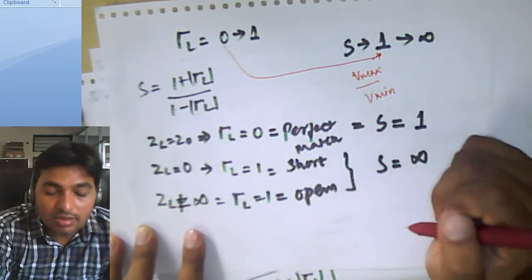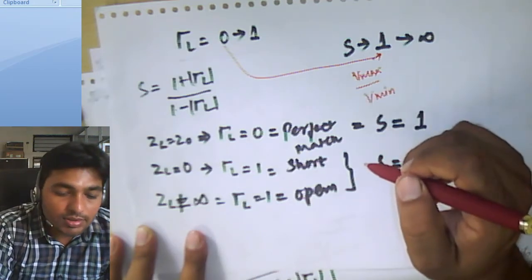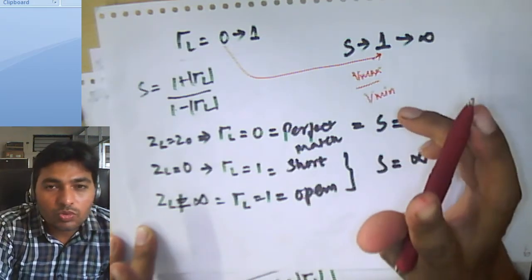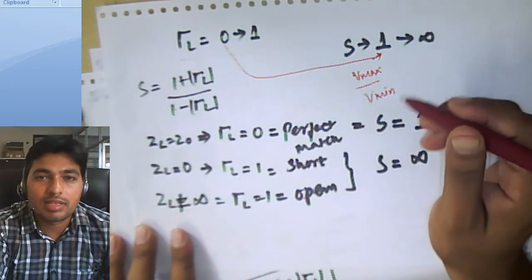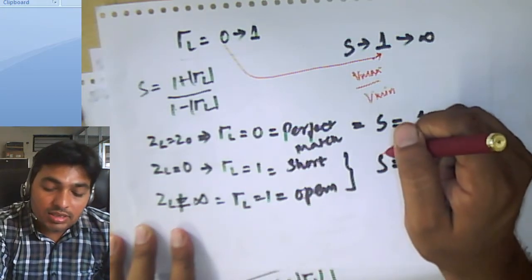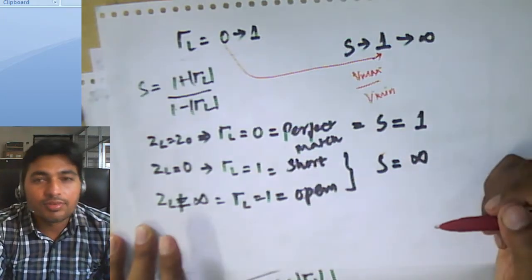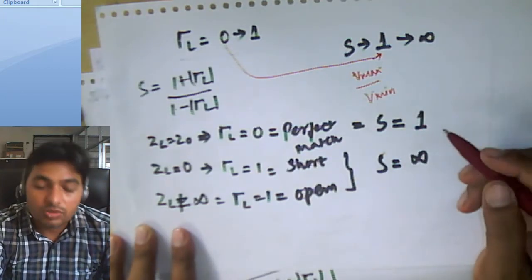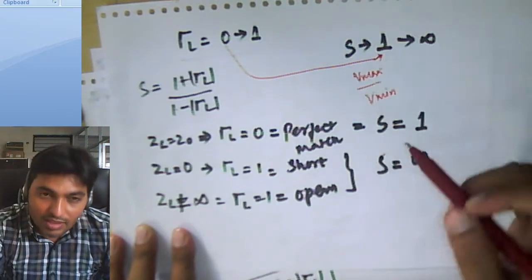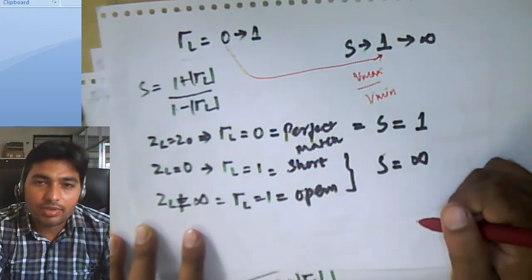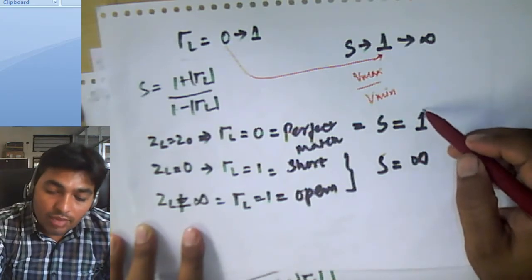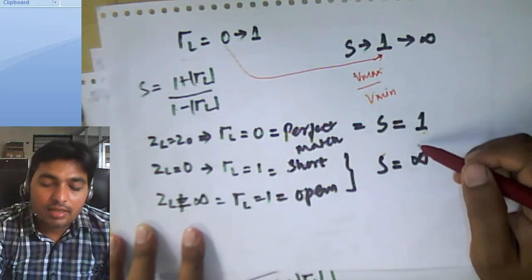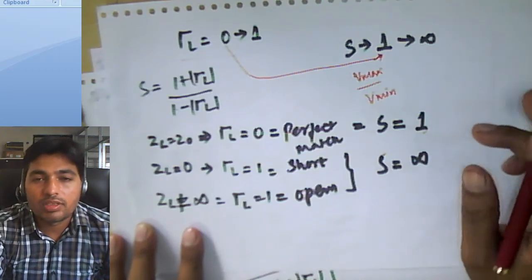While in case the magnitude of reflection coefficient is equal to 1, we have two conditions, either a short circuited transmission line or an open circuited transmission line. For these conditions the voltage standing wave ratio is equal to infinity. So 1 corresponds to perfect match, while infinity corresponds to the worst case.